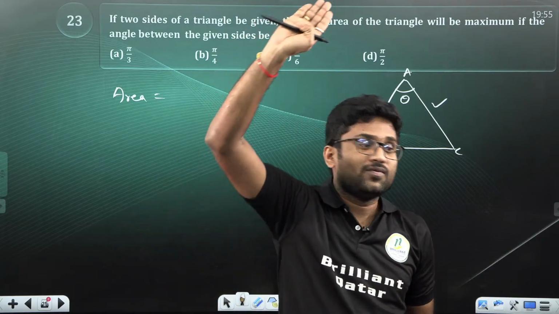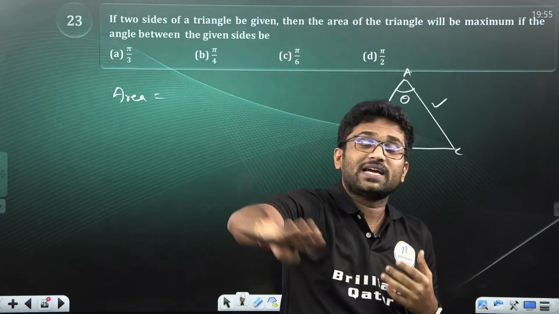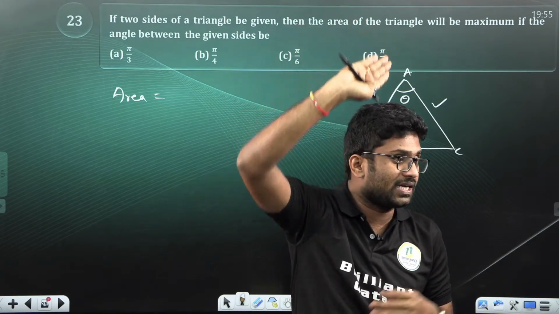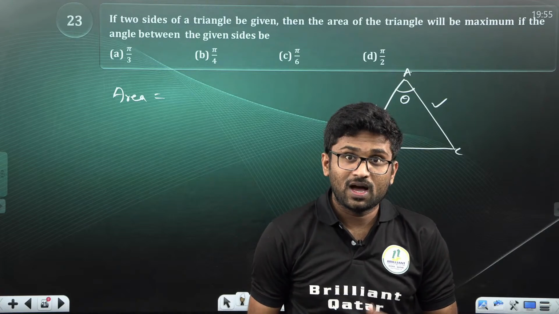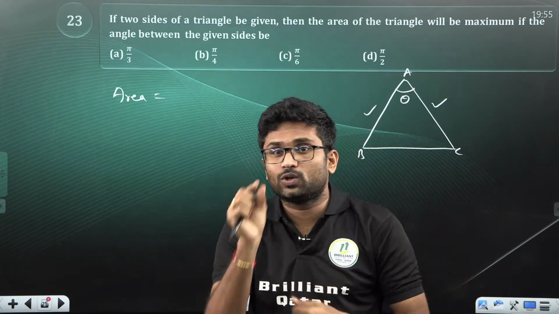That's how we evaluated area of sector and area of segment problems from grade 10: half r square sin theta. That is how we got the area of a triangle if two sides are known.